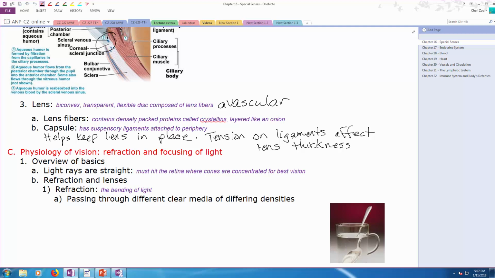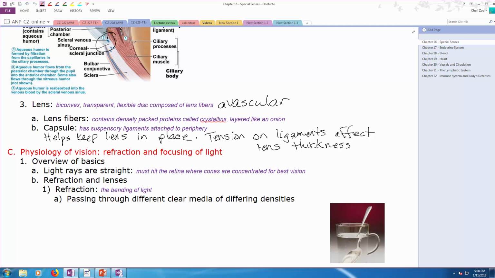And because it becomes less flexible, it also will allow for less diffusion of nutrients into it. And when you get less diffusion of nutrients into it, you'll start to get opacities. You guys follow me with that? And the opacities, once it's like a pearl, once you get started, it just seems to grow and grow and grow. And so the lens is a very common source of cataract formation. It's actually a more common source in our society.